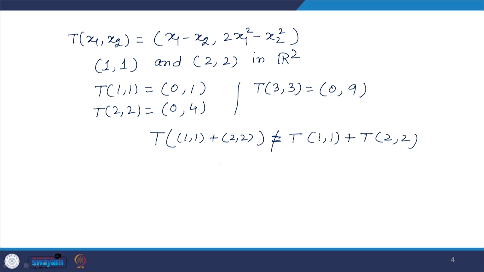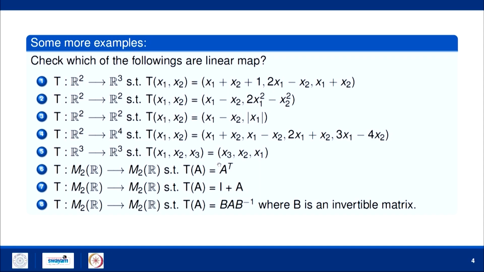Hence, T is not a linear transformation. Similarly, you can check about this. Due to this modulus, the absolute value of x1, it is not a linear transformation. While you can check that these others will make a linear transformation.